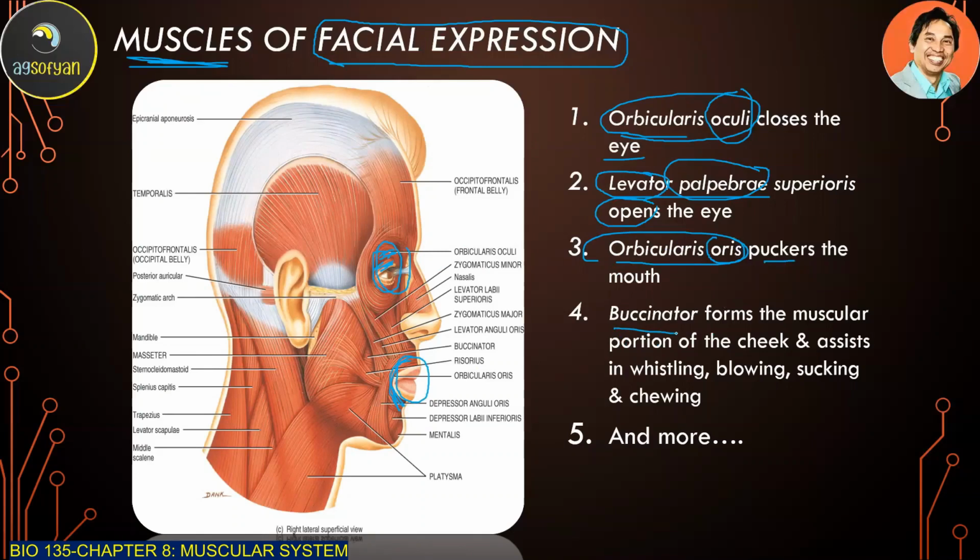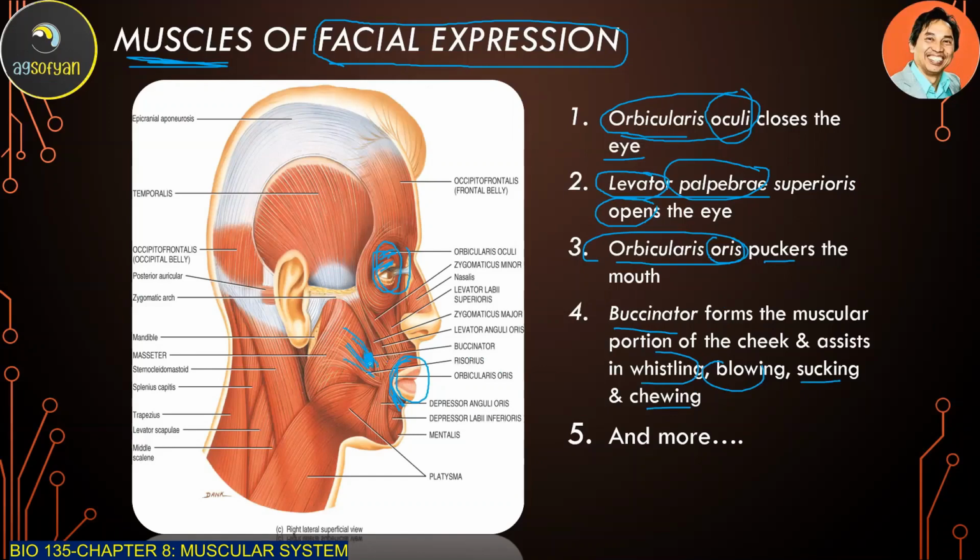Buccinator muscle. These muscles here at the bottom over here are really important when we perform whistling, blowing, sucking, chewing, compressing our cheek.